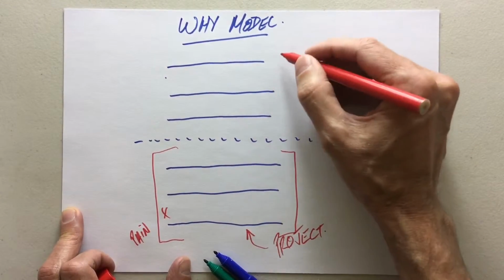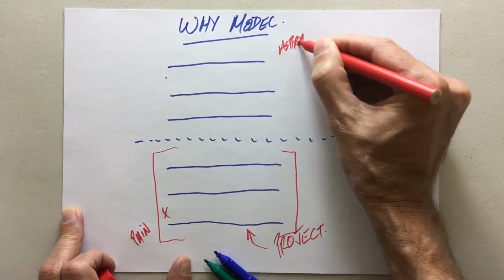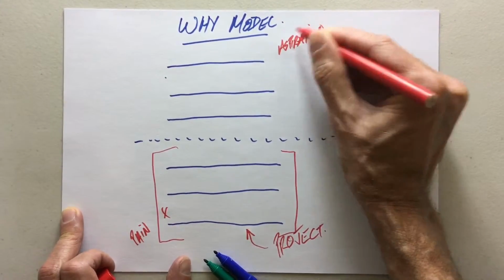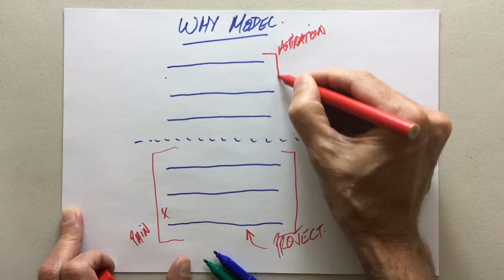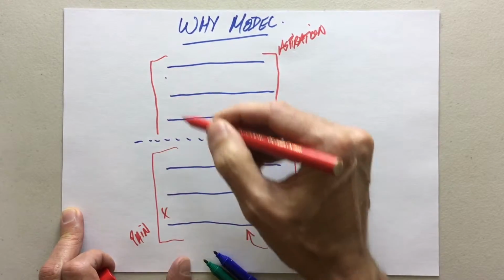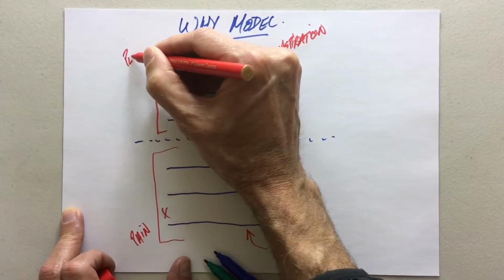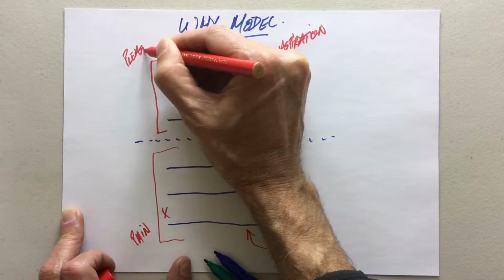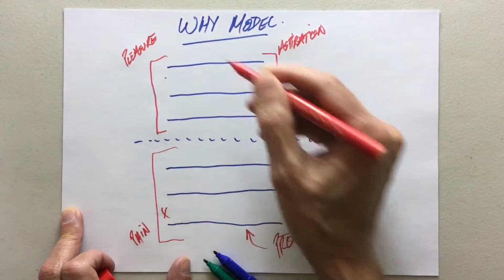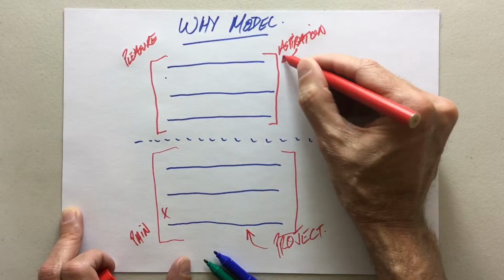Then up here, we have to show them aspiration, right? And this is where they want to be. So these 3 here are all about aspiration. If we look at the wellness journey, pain to pleasure, these are my pleasure words, this is where I want to be. So I'm here and I want to be here.